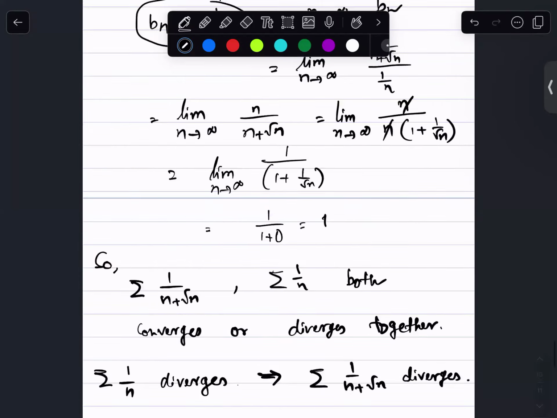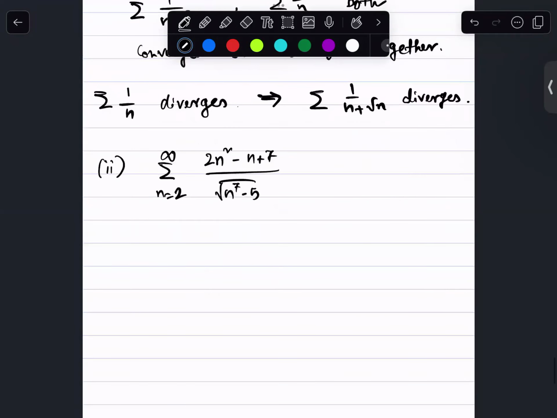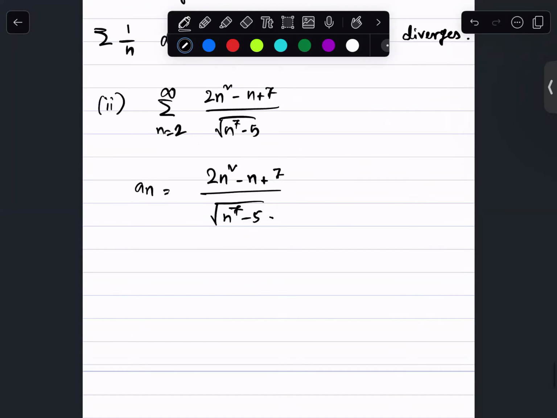Cool. For the second example, where we have summation of 2n squared minus n plus 7 over square root of n to the 7 minus 5, going from 2 to infinity. There you have an to be 2n squared minus n plus 7 over square root of n to the 7 minus 5. And then again, you have to come up with bn.